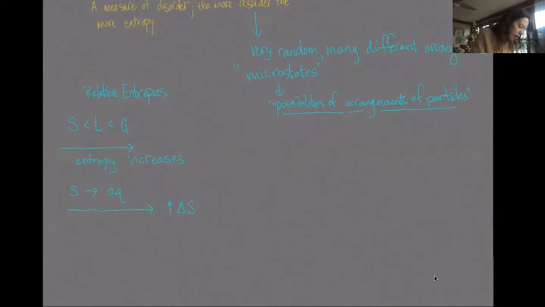Entropy values for substances are based on a perfect crystal at what temperature? Absolute zero. Entropy values for substances are based on a perfect crystal at absolute zero.